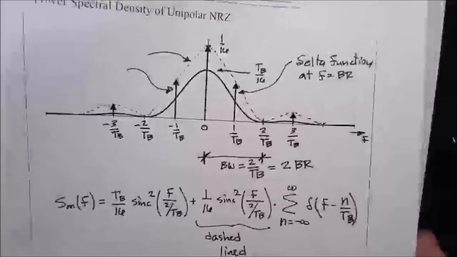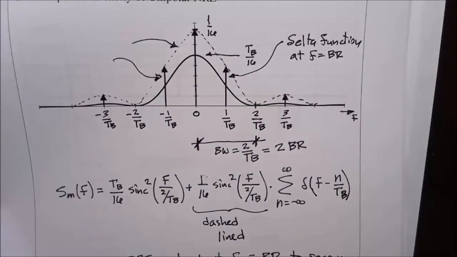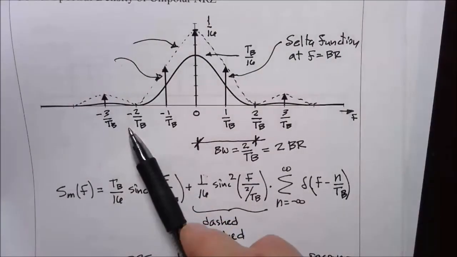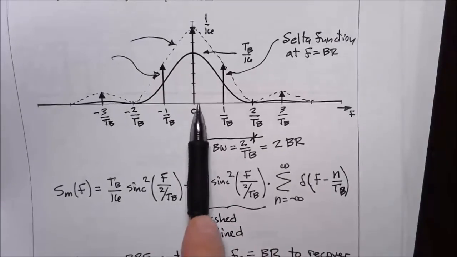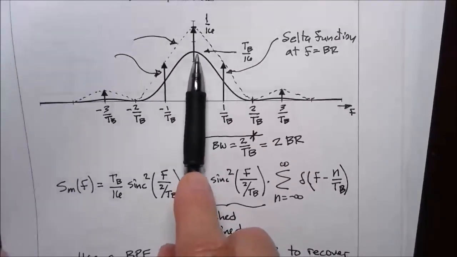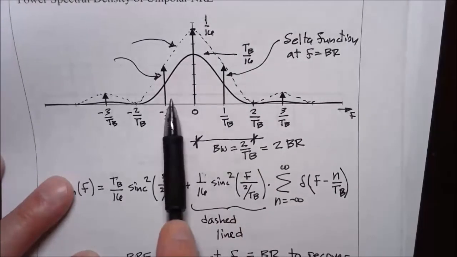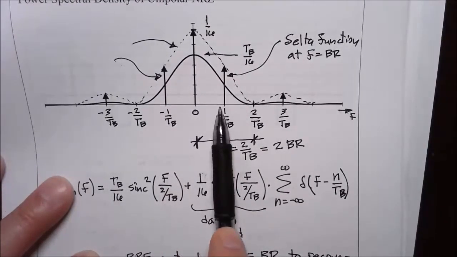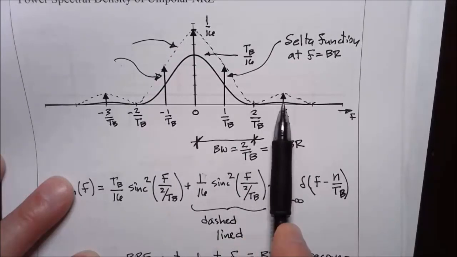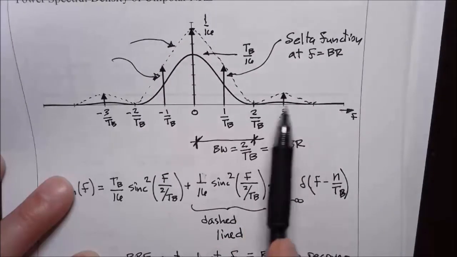This is what the mathematics tell us about this signal. It's got components at DC, and then it's got components at the bit rate, and at 3 times the bit rate. Some of these get zeroed out.